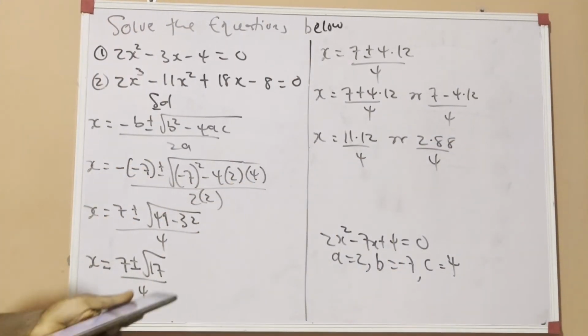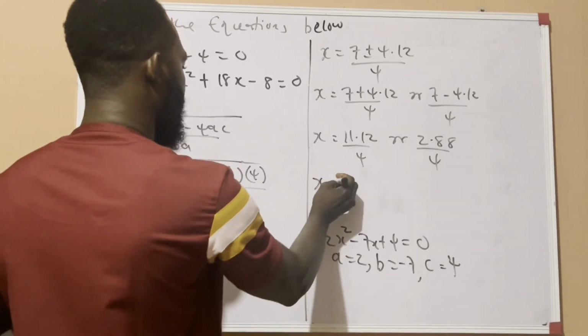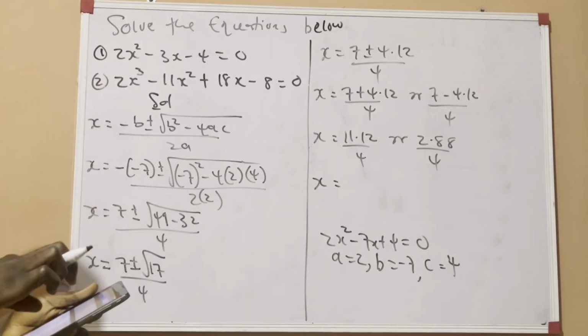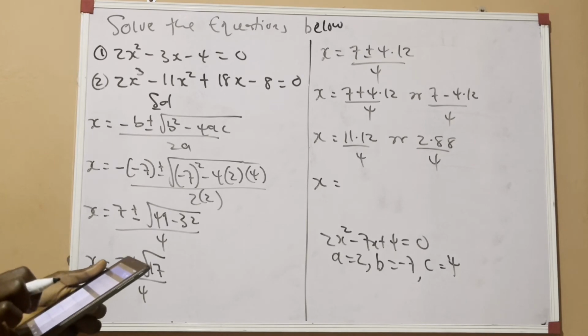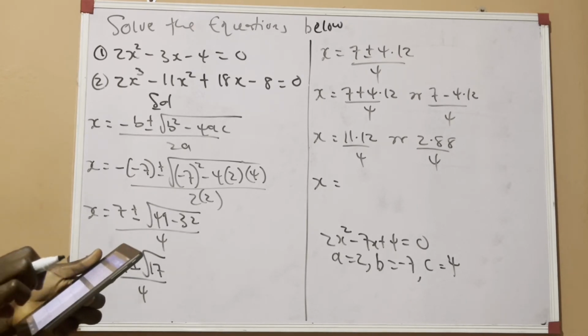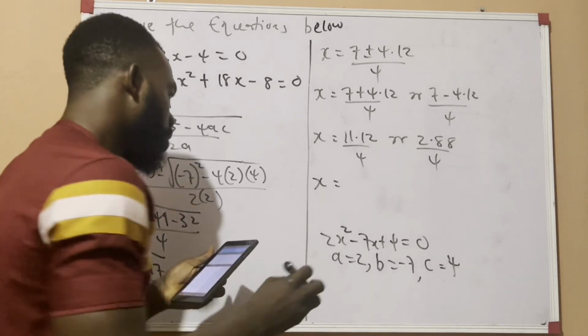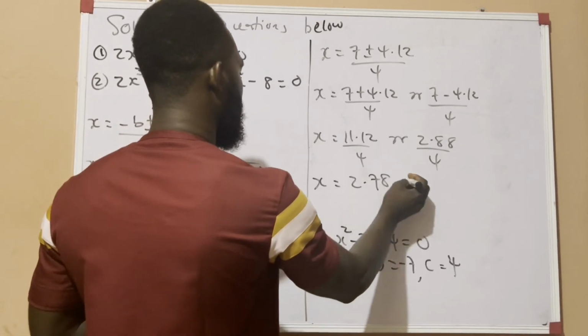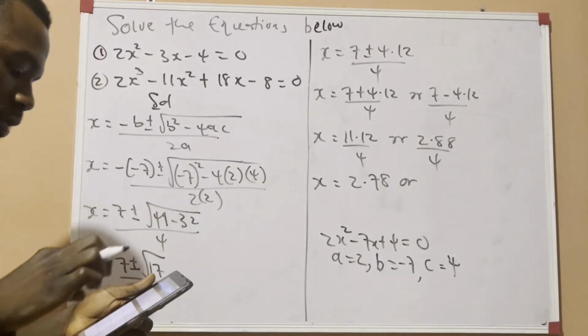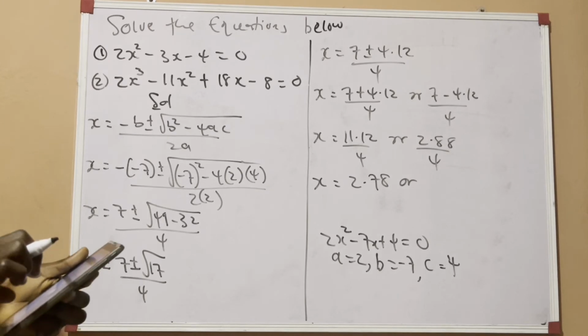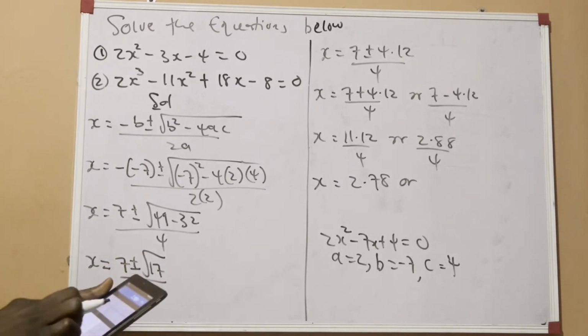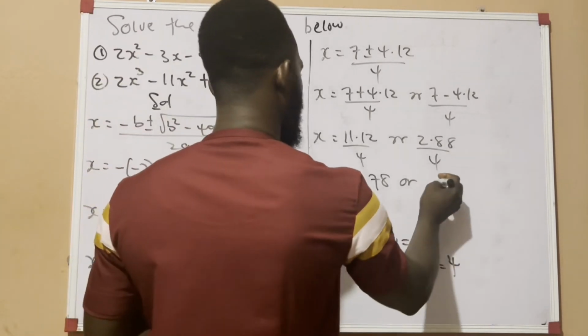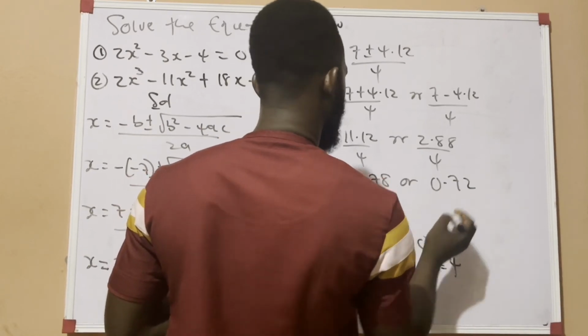All right, so now without wasting time, if we should divide, we are going to get 11.12 divided by 4 gives us 2.78, or 2.88 divided by 4 will give us 0.72.